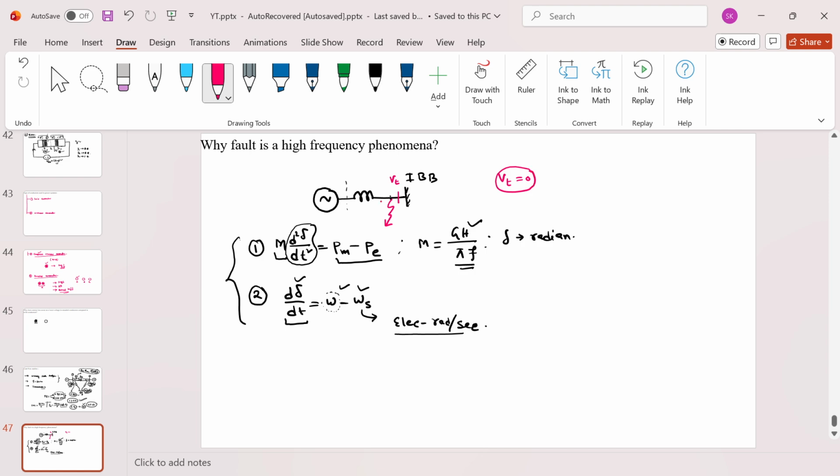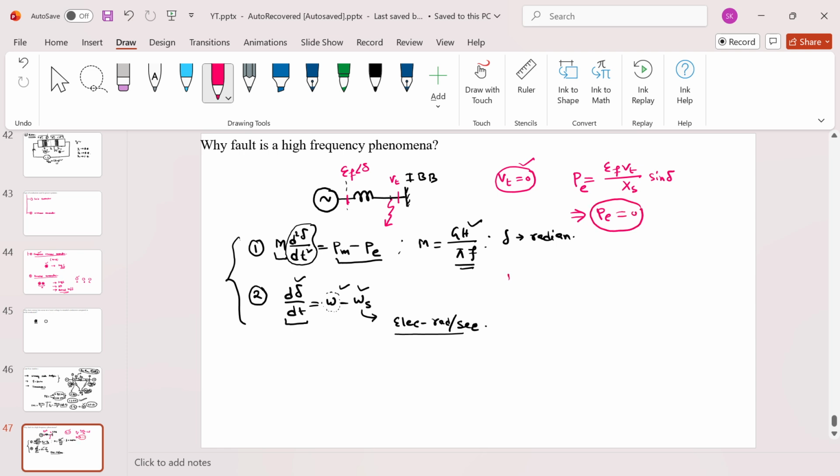Initially you had Ef at an angle delta. As we know, the active power flow is EF Vt by Xs sine delta, the electrical power. The moment Vt is 0, this Pe will simply become 0.